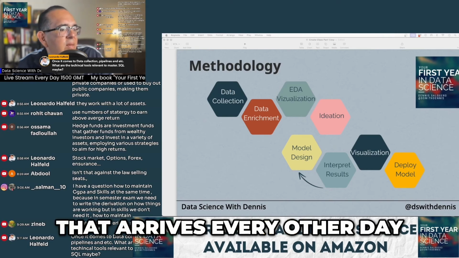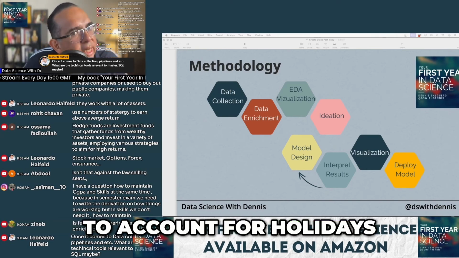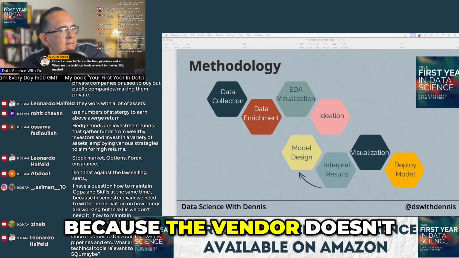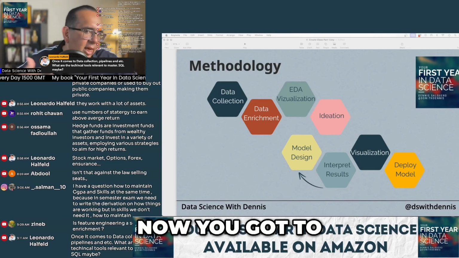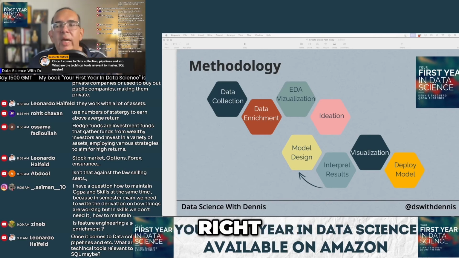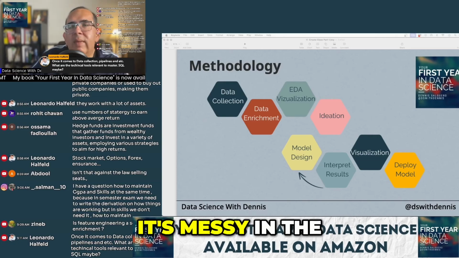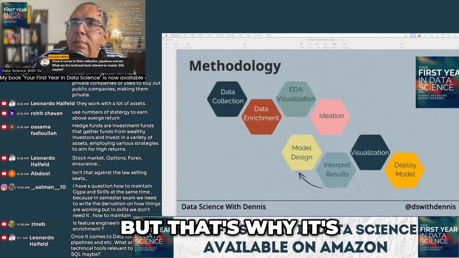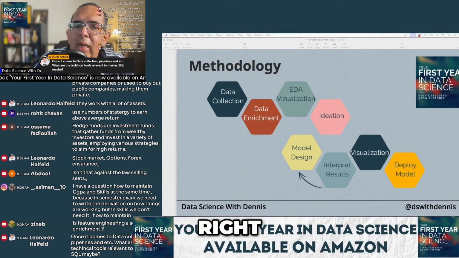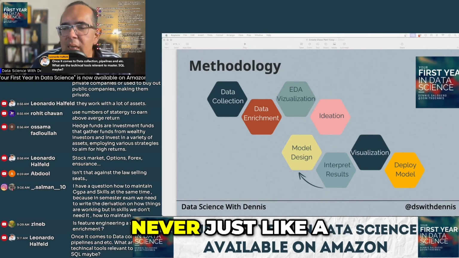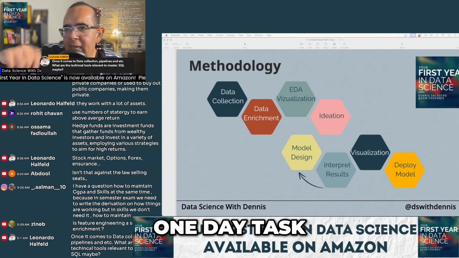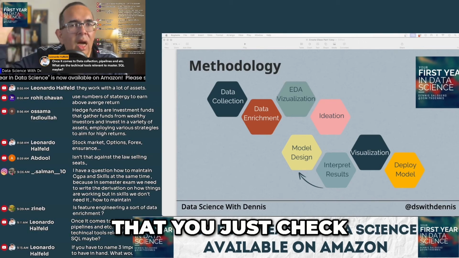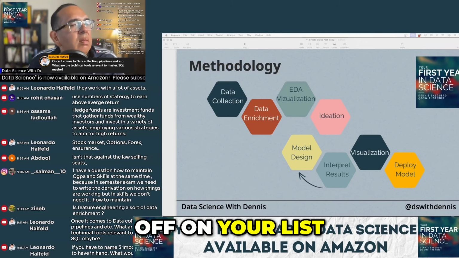Or it's a PDF that arrives every other day, but you also got to account for holidays because the vendor doesn't send the report out on holidays. Now you got to account for that, right? So yeah, it's messy in the real world. But that's why it's an entire step, right? Data collection is never just a one day task that you just check off on your list, right?